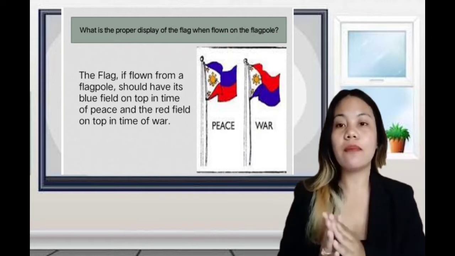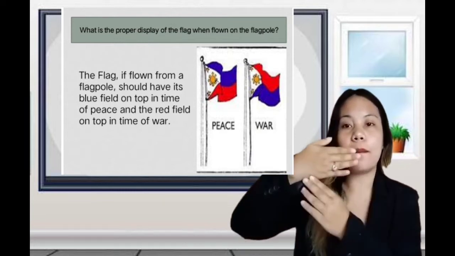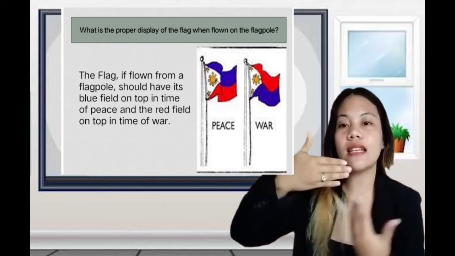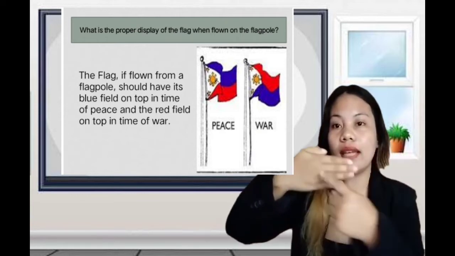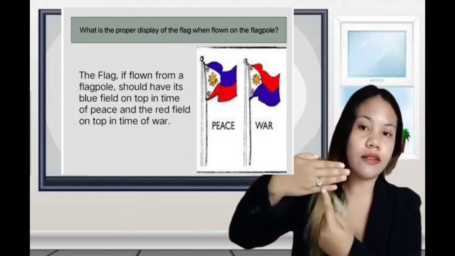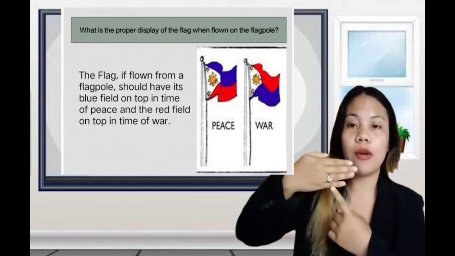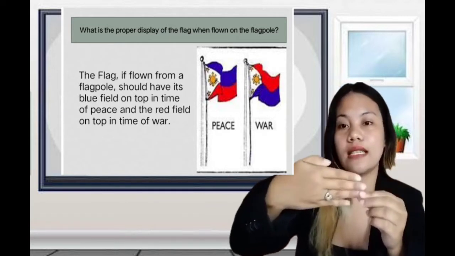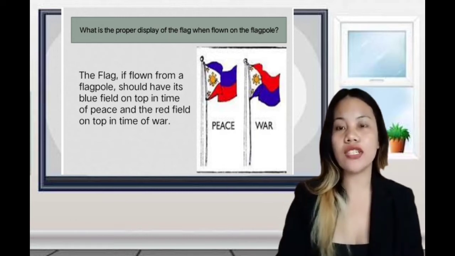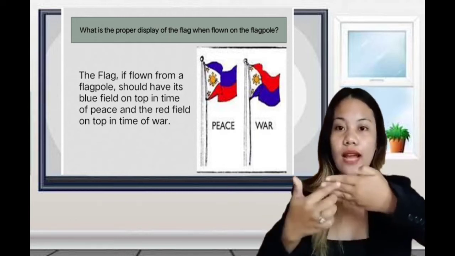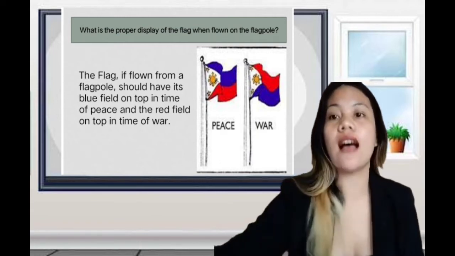So when the flag is already raised on the flagpole, in peace the top should be blue and the bottom red. That symbolizes peace. In time of war, the top is red and of course the bottom is blue. That symbolizes war.